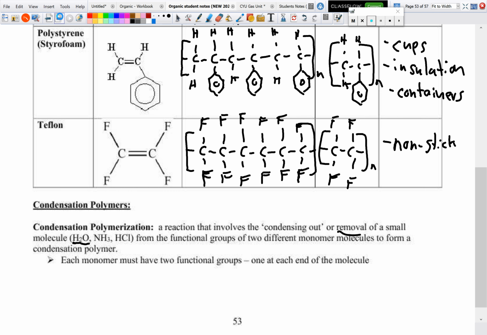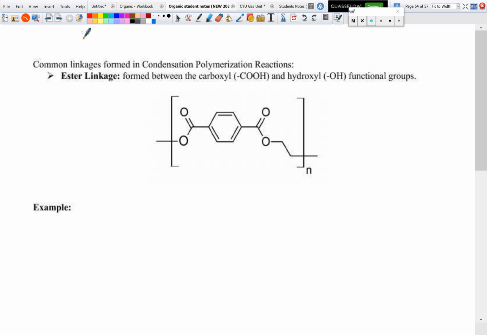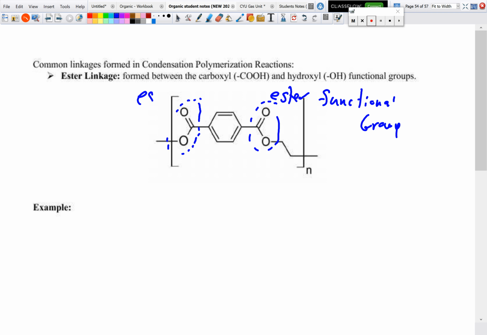Sorry. So if we just look at the next page here, we'll see an example of what a polymer will look like under condensation reactions. And we will notice that we can see our ester functional group here, but then also here as well, sorry.